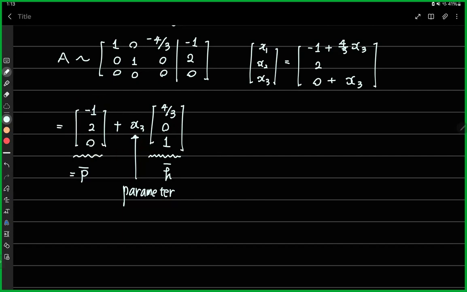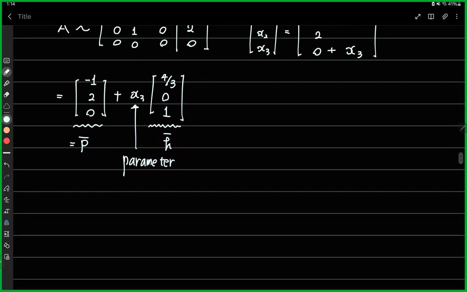Next one, why is this called H? Because this is actually the solution of the homogeneous system. Let me say the first one first. When x3 equals 0, then Ap is equal to b, right?